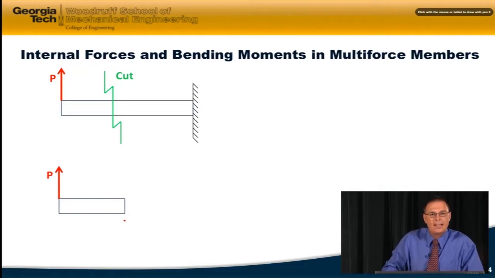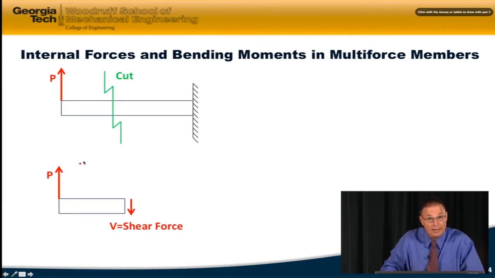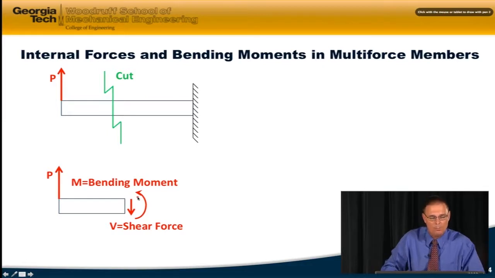So to be in static equilibrium, we're going to have a shear force, which I'm going to label as V, that's equal and opposite the applied force P. And this applied force P is going to tend to rotate the body clockwise, and so we'll need a bending moment reaction as well that's going to oppose that and keep it in static equilibrium. So that's a good free body diagram of the cut section.